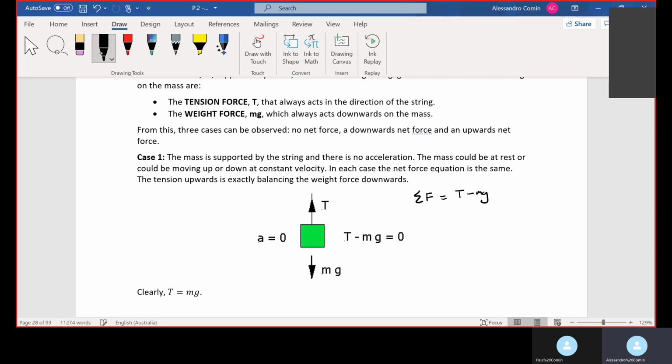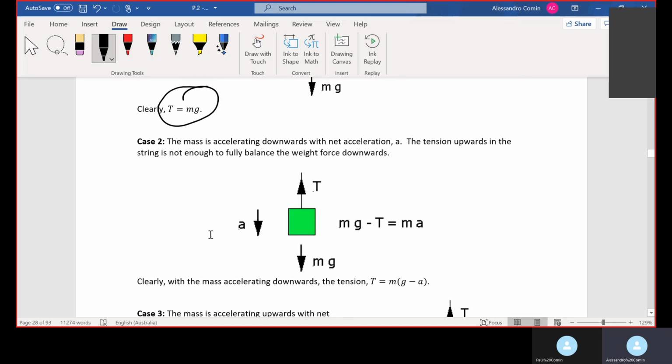But here I have T minus mg, and the net force, if the object isn't moving, is 0. So if T minus mg equals 0, T is equal to mg, just like how if I'm stationary on the ground, N is equal to mg.